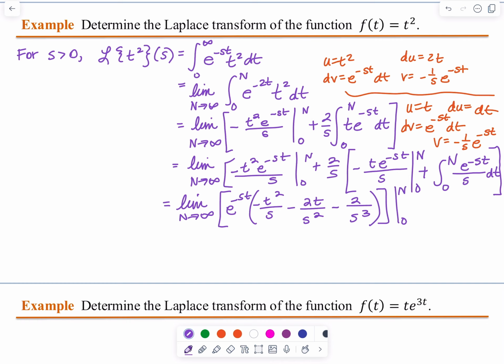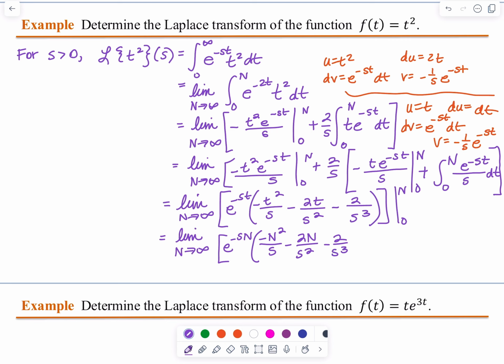So now we have the limit as n approaches infinity, and we have e to the negative sn, and now we have negative n squared over s minus 2n over s squared minus 2 over s cubed.